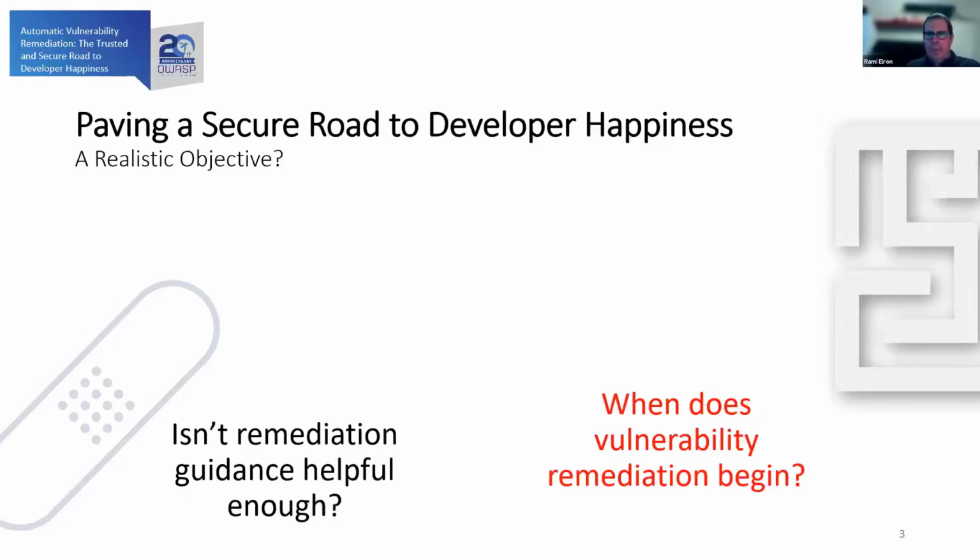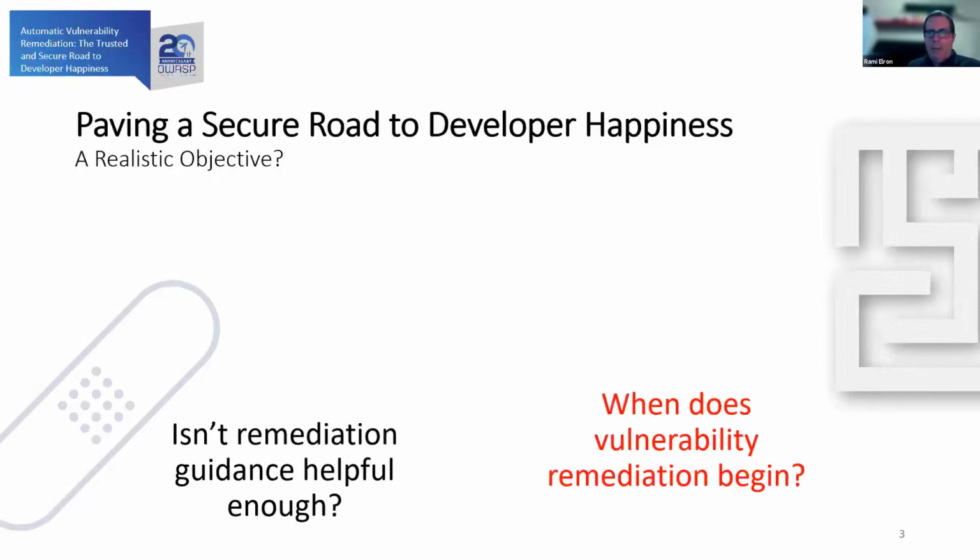But regardless of the level of help that guidance would provide, it still places the onus on running the actual change, alteration, or update, remediation in other words, with the hands of the developer, the AppSec personnel, or as the evidence shows us, commonly in both hands.